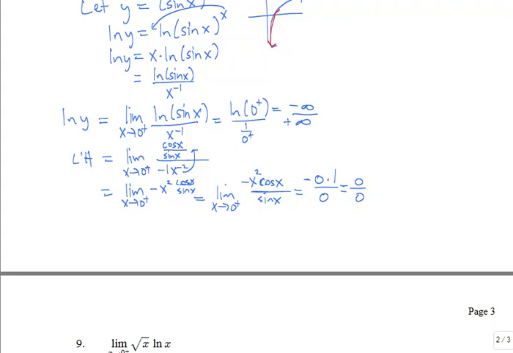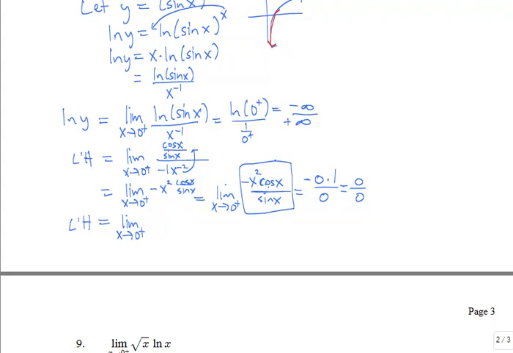So this one's a complicated one because not only did we have to do ln's right from the beginning, but we actually have to use L'Hopital's rule twice. So we want the limit as x approaches 0 from the right-hand side, and we need to apply L'Hopital's rule to this. So that means we want the derivative of the top and the derivative of the bottom.